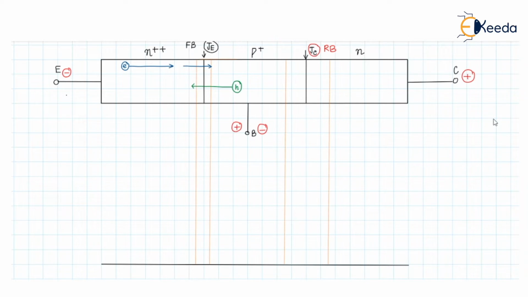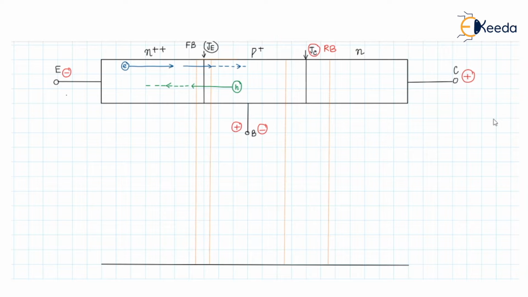Now, when the emitter injects electrons into the base, these electrons become minority carriers once they enter the base region, and the holes injected from the base into the emitter become minority carriers inside the emitter. The dotted line signifies that it is the minority carrier right now.